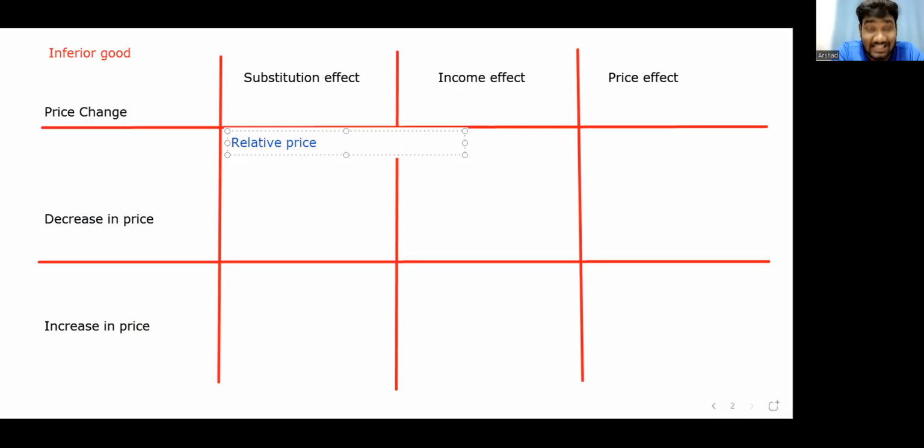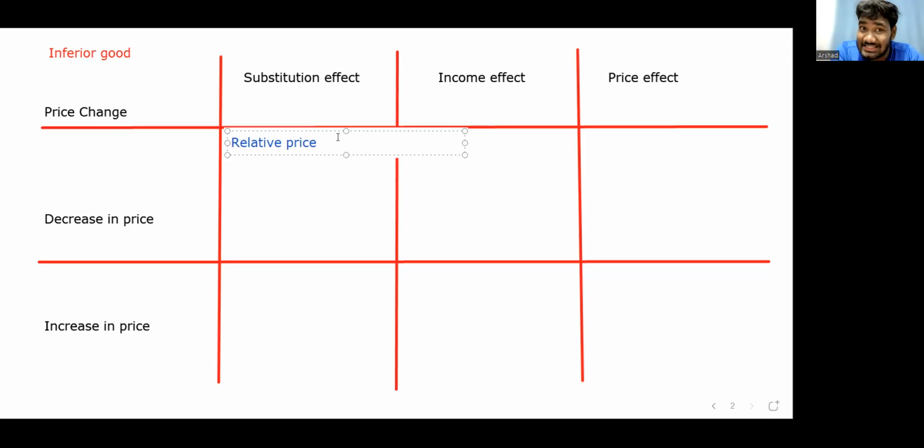If the price of your good decreases, what happens to your relative price? The relative price means compared to the other good. Does it increase or does it decrease when there is a decrease in price? Think. When your price decreases, what happens to your relative price?